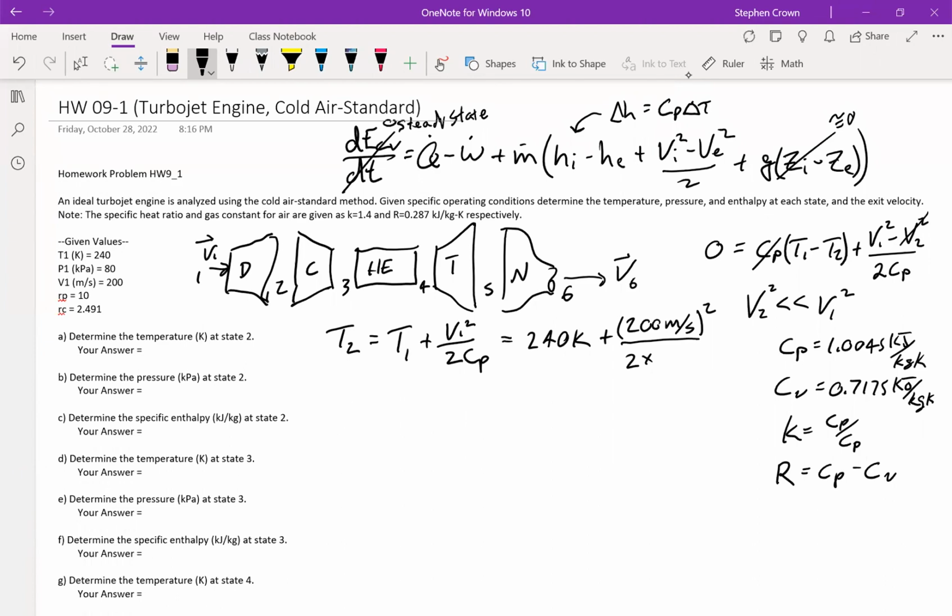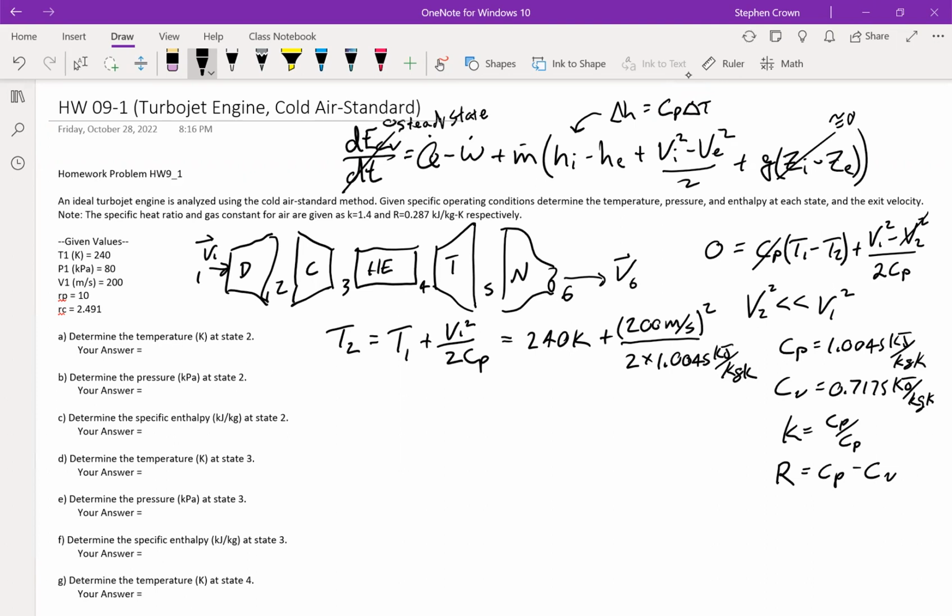So we can put in our value for Cp, 1.0045 kilojoule per kilogram K. And we need to note that meter squared per second squared is the same as a joule per kilogram.